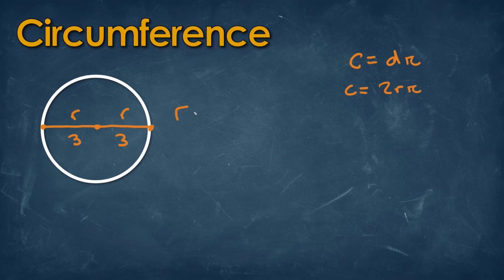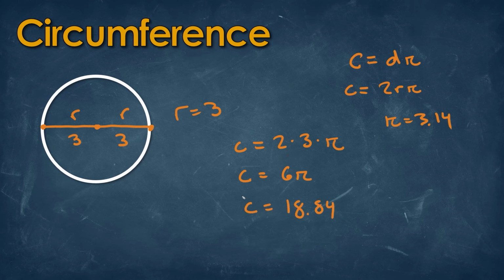Since we know that r is equal to 3, we can plug this in: 2 times 3 times pi, and again, pi is equal to 3.14. So our circumference would be 6 pi, or if we multiply pi out, we get an answer of 18.84.